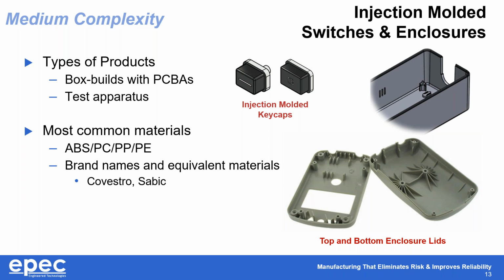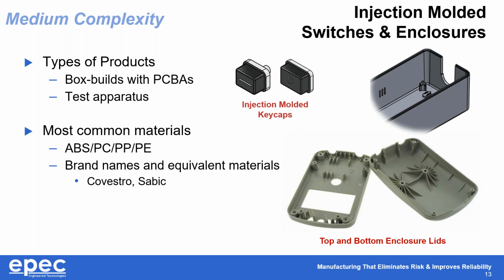Epic also supports a wide range of injection molded items. While the products themselves are simple, the actual process to tool up, mold, and yield a good part is a bit more complex.